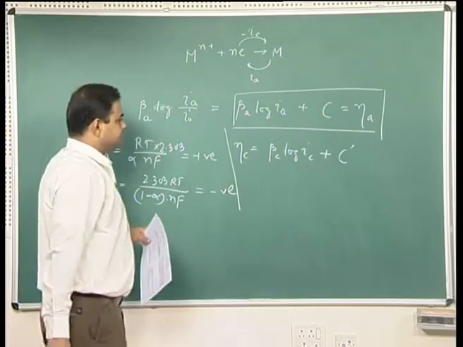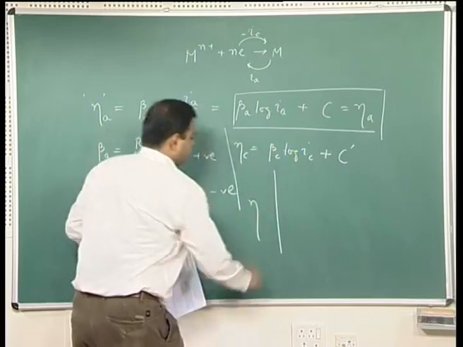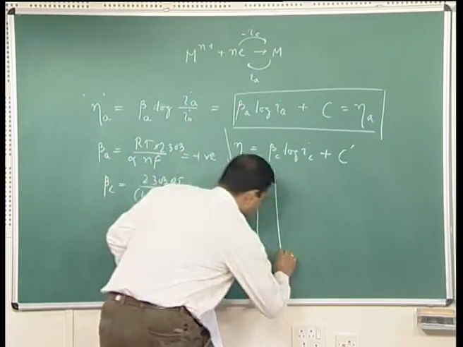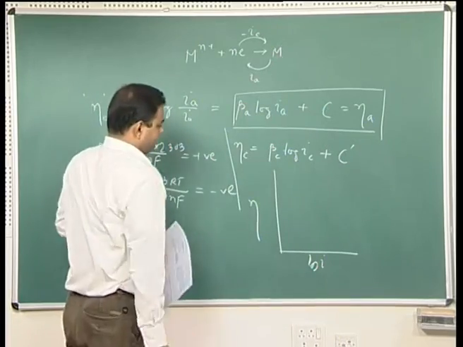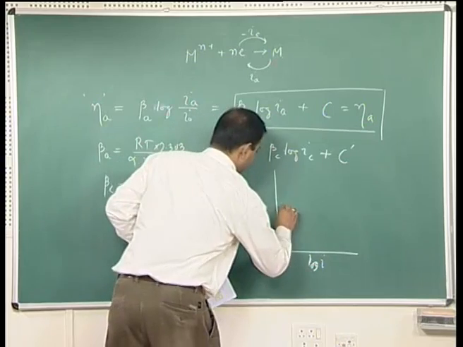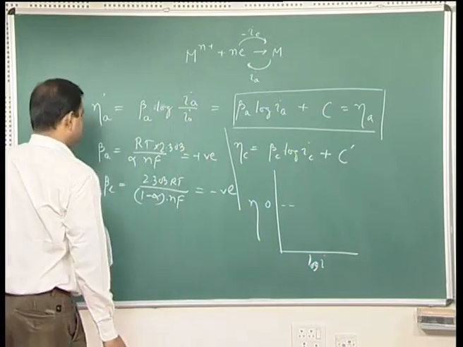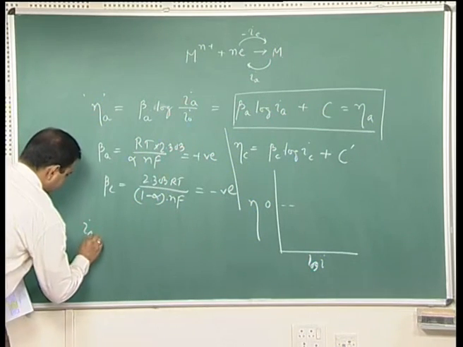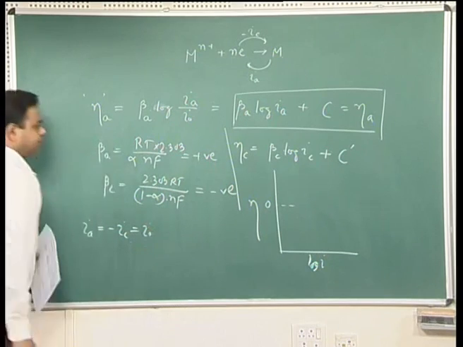Now, we have also seen that if you would like to see what is my overvoltage as a function of log I, when the overvoltage is 0, that time I know I A equal to minus I C equal to I 0.